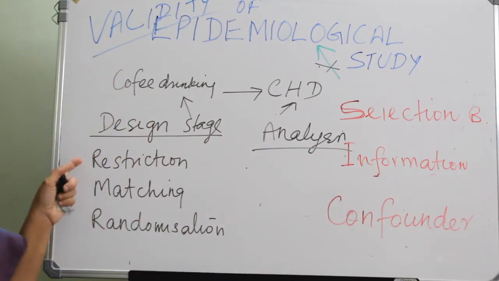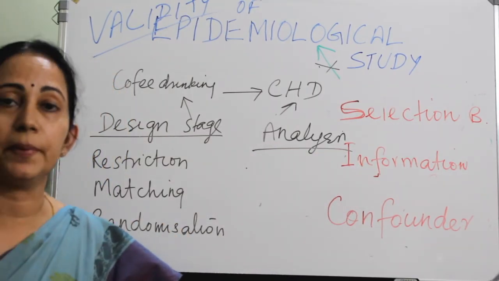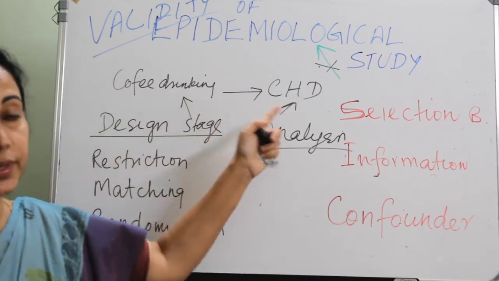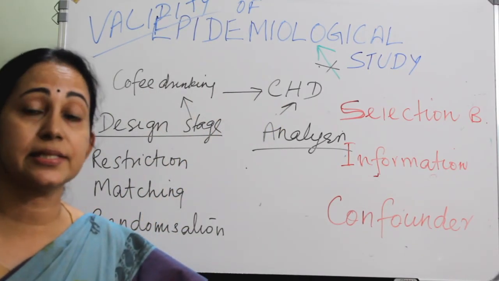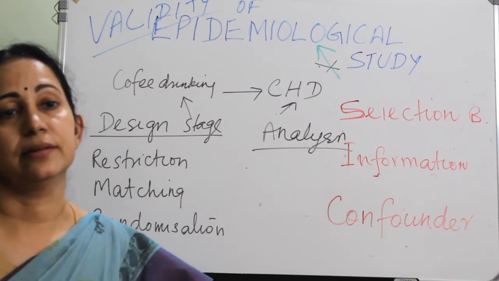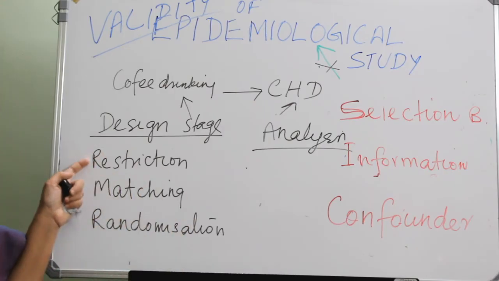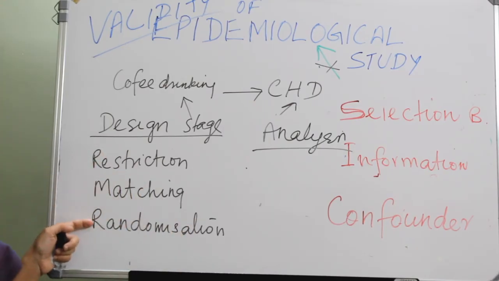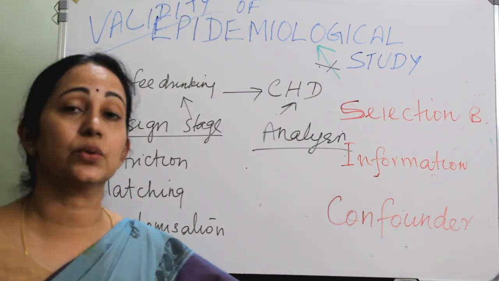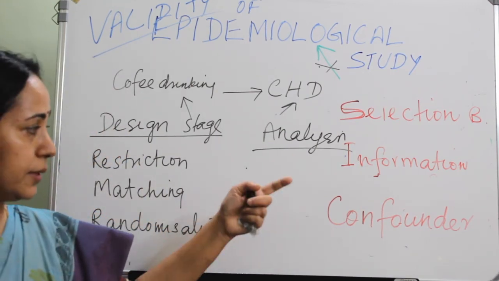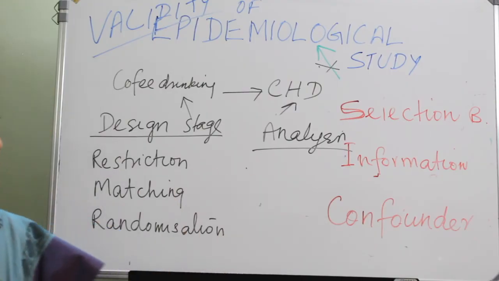At the design stage, either you can go for restriction of study participants. What is that? If you are going to study the effect between coffee drinking and coronary heart disease, you can restrict the participants having smoking. That is one restriction, or matching can be done, and also randomization. Randomized controlled trials will reduce or get rid of this confounder to a greater extent.